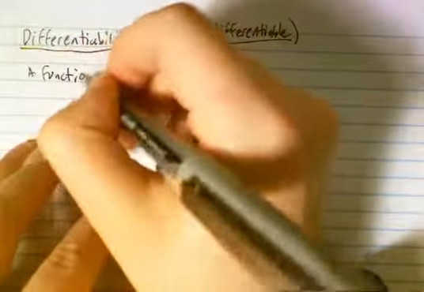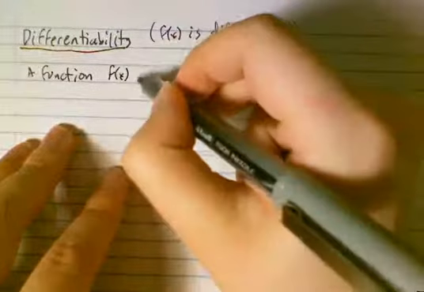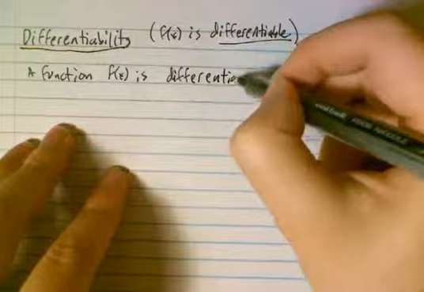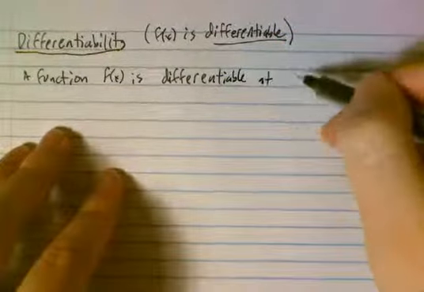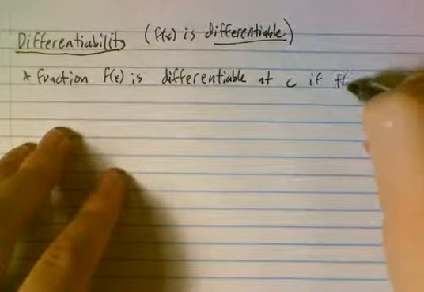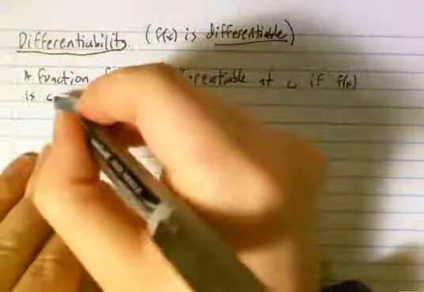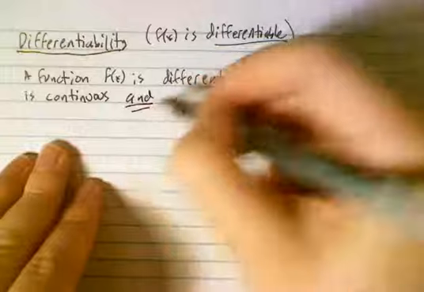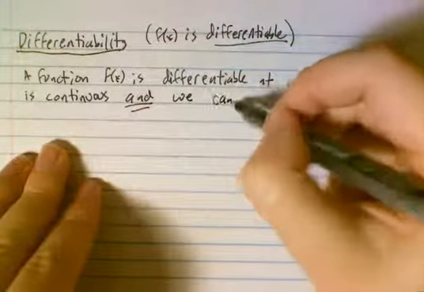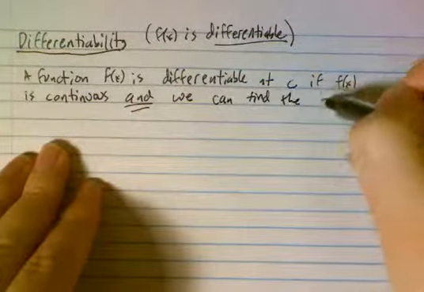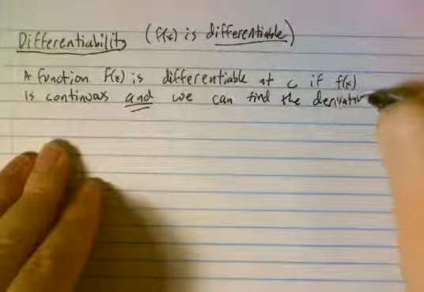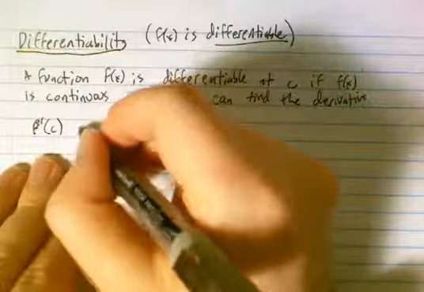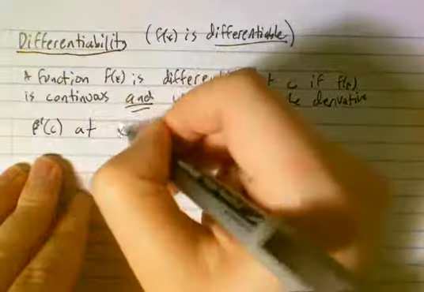A function f of x is differentiable at c if f of x is continuous, just like we were just talking about, and we can find the derivative f prime of c at x equals c.